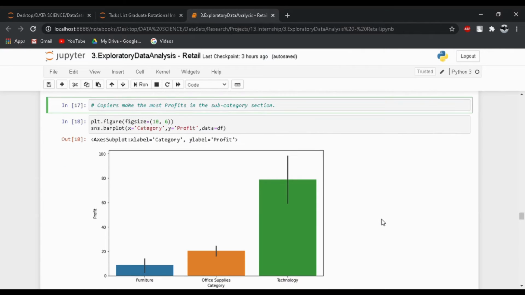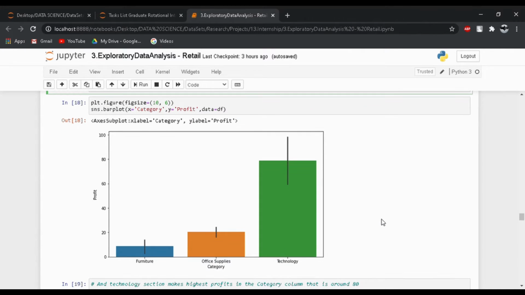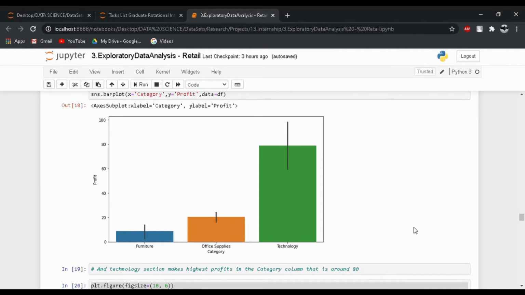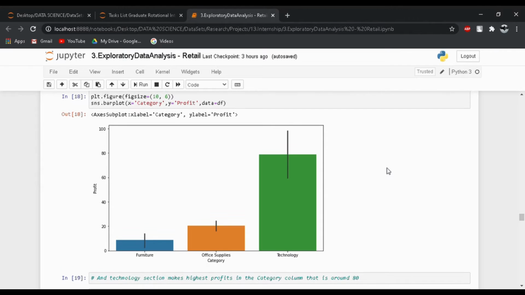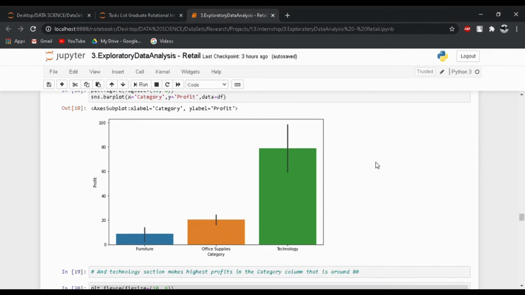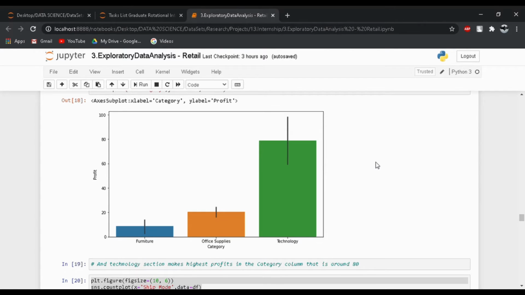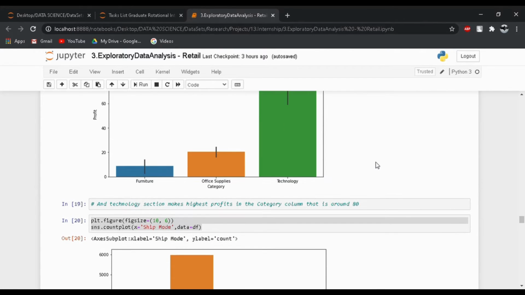Over here, I've compared categories and profits. On the x I have category and on the y I have profits. As you can see, technology category has higher profits, followed by office supplies and then furniture. And furniture has the lowest profits.